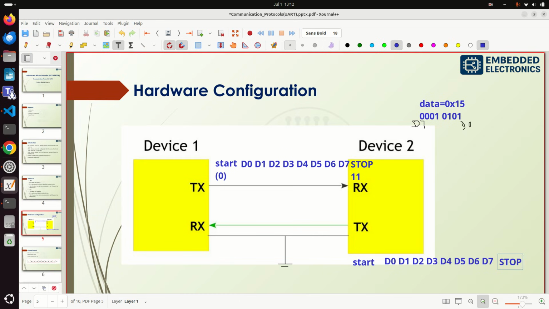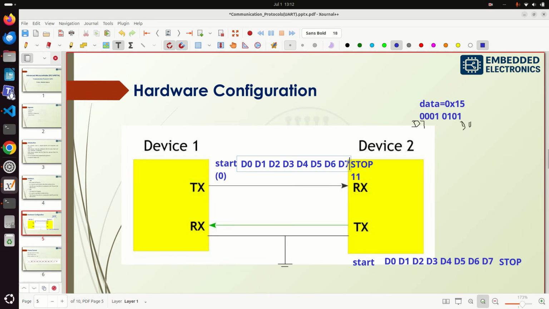For that, in the frame we have one more bit. That bit is nothing but the parity bit. This parity bit comes after D7.